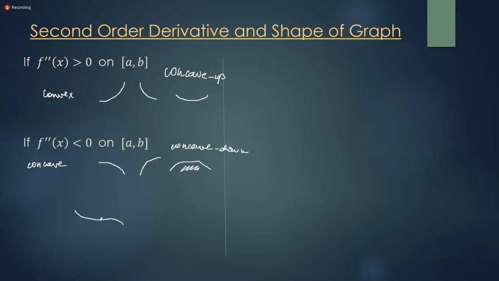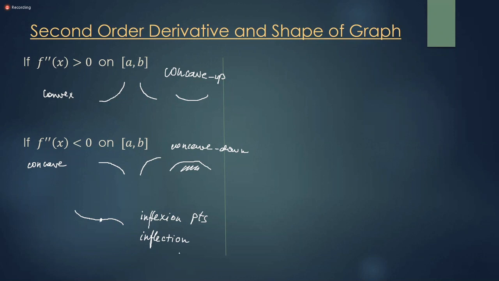In other words, the points where the sign of the second derivative changes, where the direction of concavity changes, are called inflection points. Inflection, not fection, inflection. Another spelling, with CT, without X: inflection points.